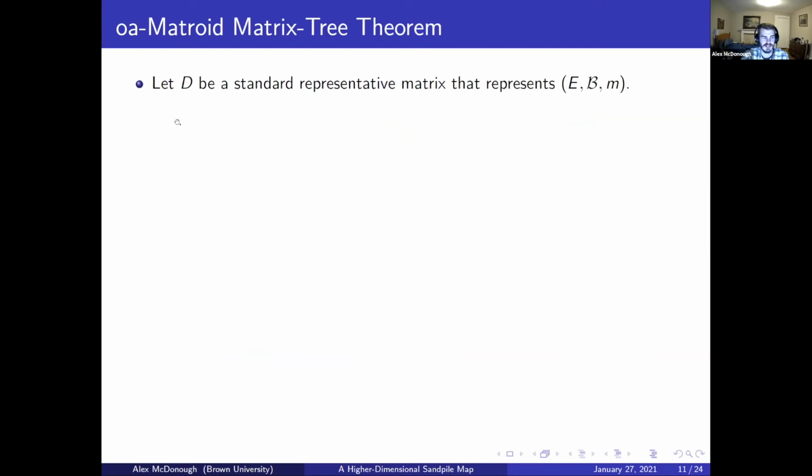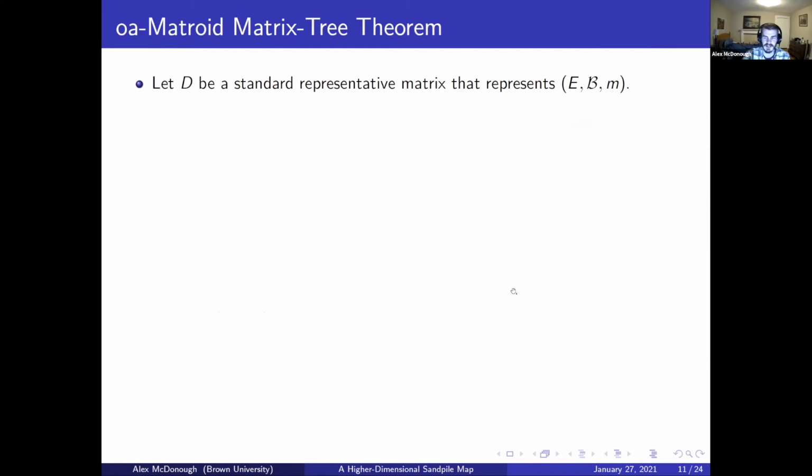Okay, so let me talk about the OA matroid Matrix-Tree Theorem. The traditional one is for finding the number of spanning trees of a graph, but the traditional Sandpile way of thinking about it is that the size of the Sandpile group of a graph is equal to the number of spanning trees.